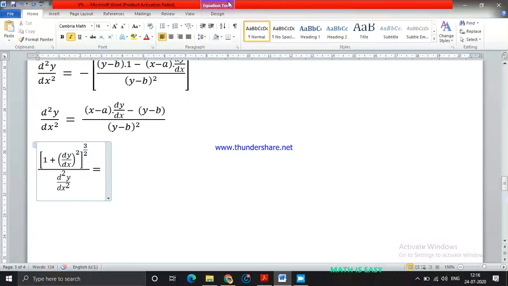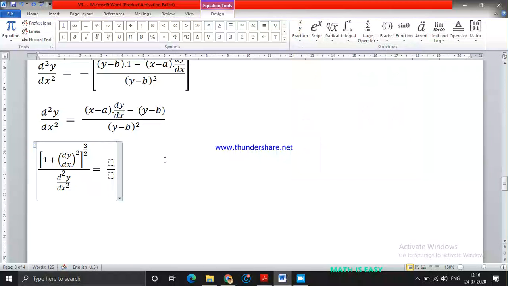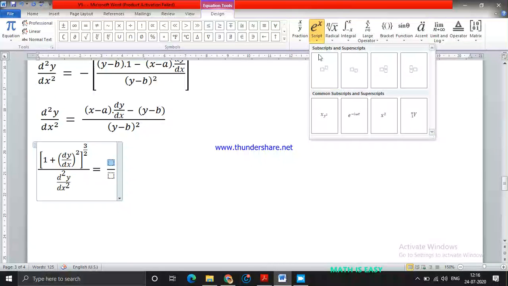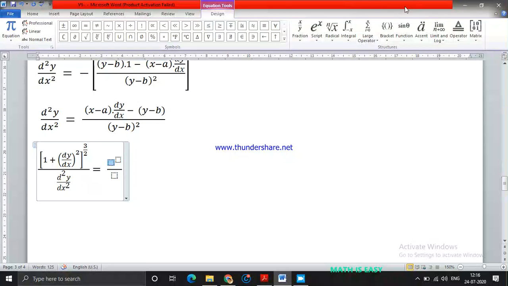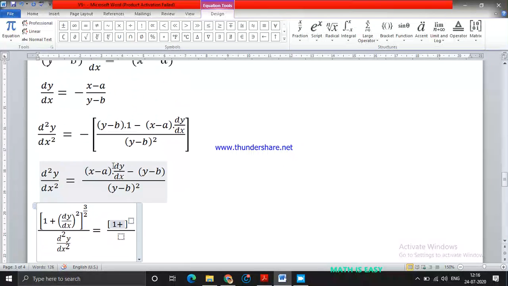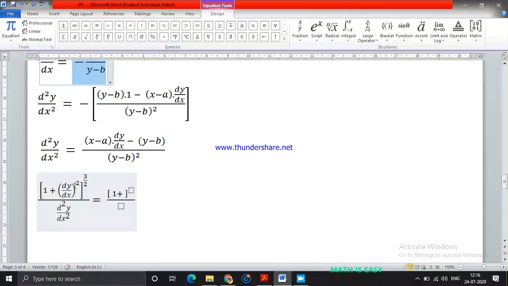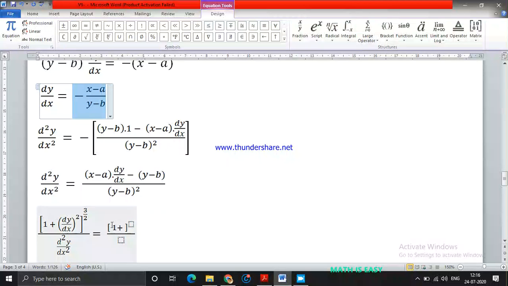Equals to, so first you require a fraction, then an exponent, then a bracket. So here you have 1 plus dy by dx. The dy by dx I have is minus x minus a upon y minus b, but here the square is there, so minus square will become plus. So let me put the bracket.